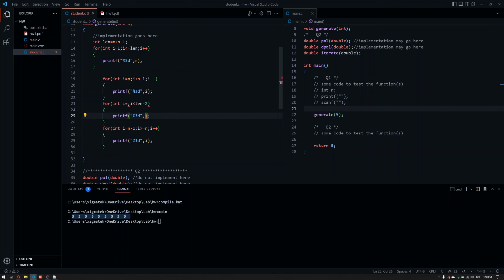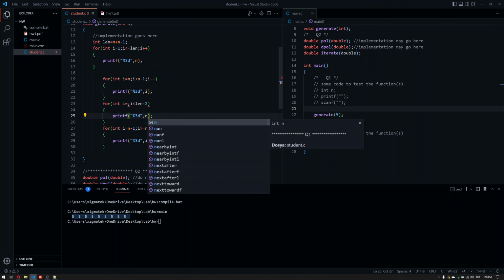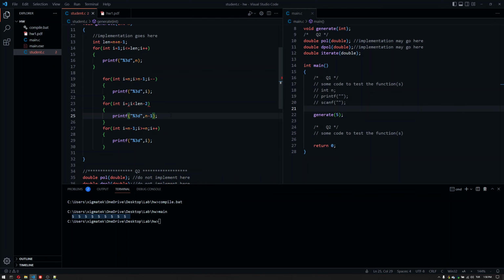And since I'm at it, I know that n is 5, and n minus 1 would be 4, so this should basically somehow work for, let's have i++. And since I'm counting here, I guess it is going to be starting from 1 up to len minus 2, i++.